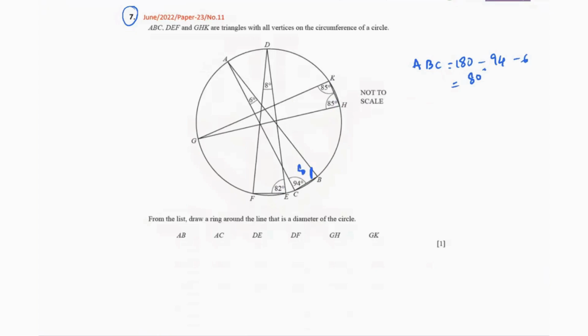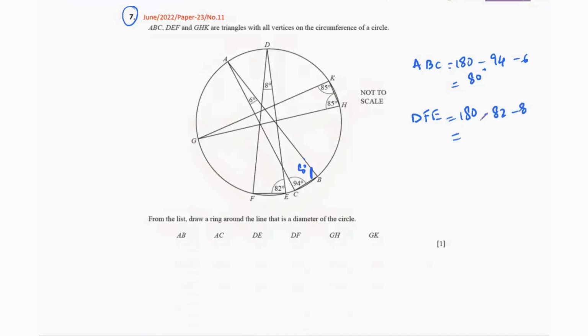So this can't be the diameter because we know the angle coming out of the diameter, if it's touching the circumference, is going to be 90. If we try to find this one, DFE, that's 180 minus 82 minus 8.